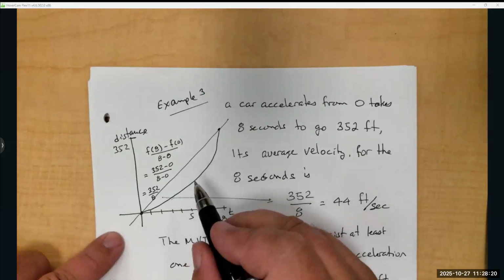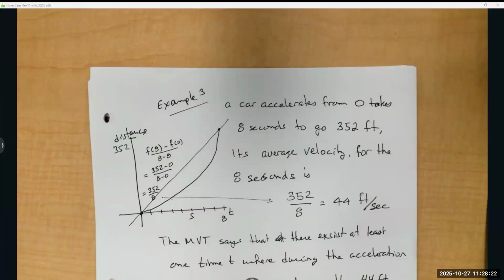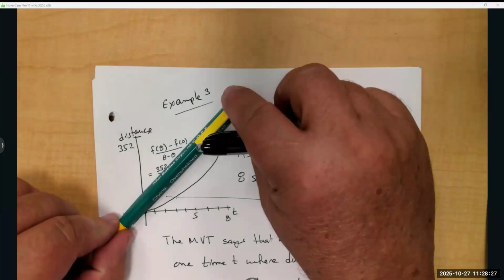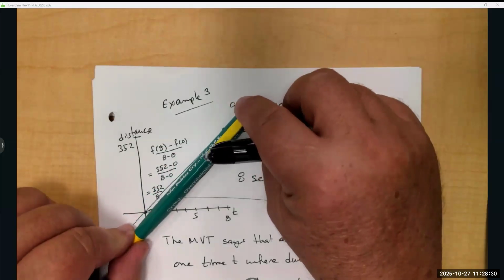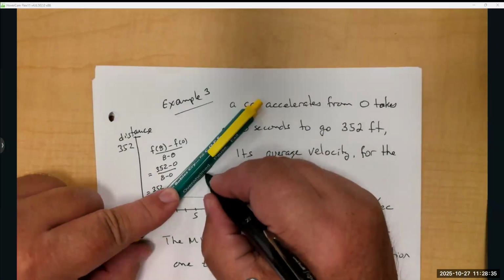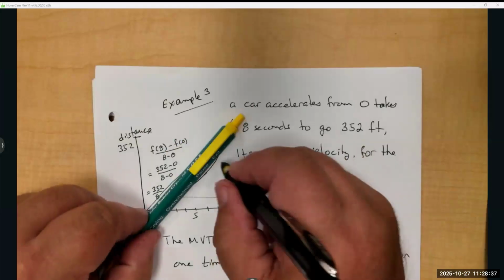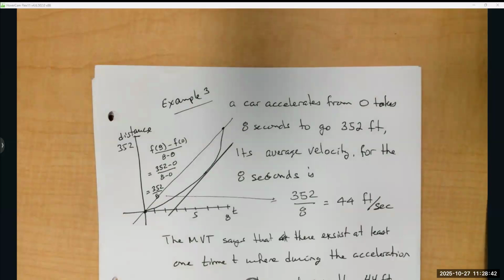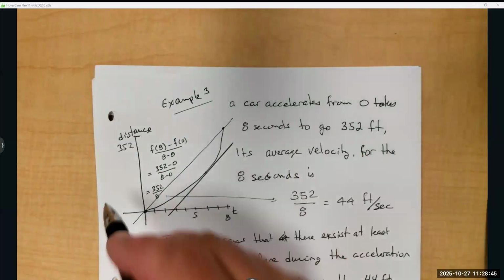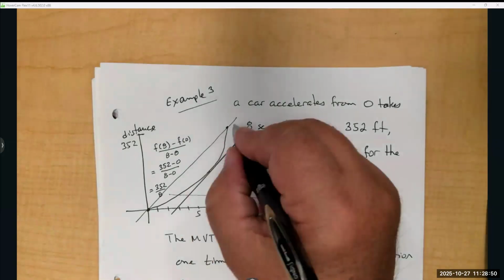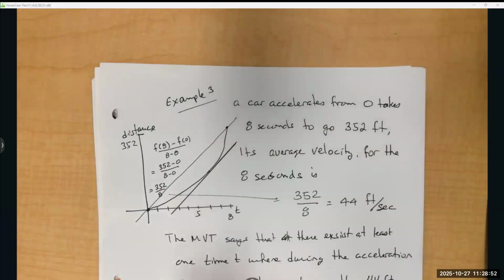So what this says is, because that's a secant line, that means if we move this over, there's a point somewhere in our graph where the slope is going to be equal. Okay, if the graph is accurate, of course. This is what the mean value theorem tells us: the average rate of change and the instantaneous rate of change have to be the same.